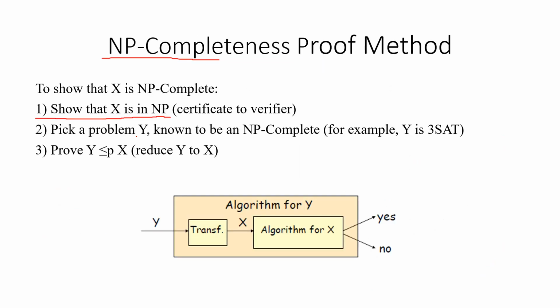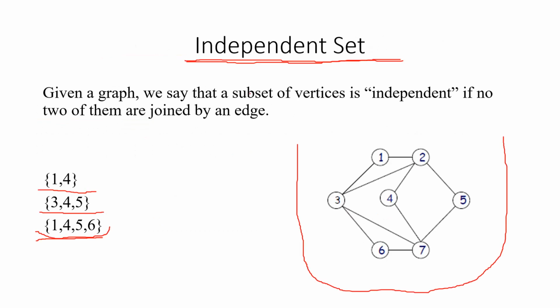Then we need to take some well-known problem y, and we need to be able to reduce the problem y to our problem. So we need to take some well-known problem which is NP-hard, and we should be able to reduce that problem into the independent set. If we are able to reduce that problem, only then can we show that independent set is NP-complete.